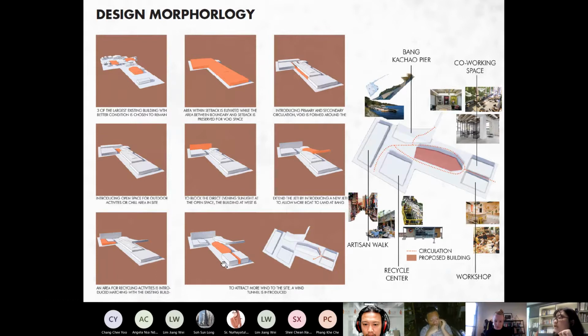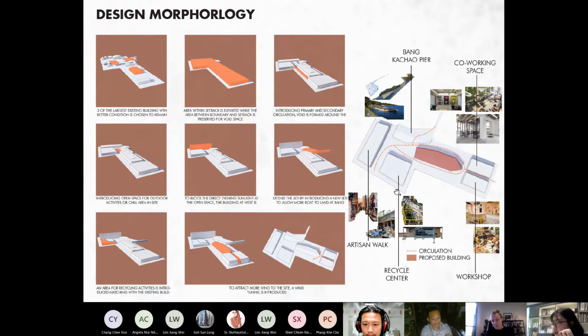Okay, so after having this kind of figure ground, I started to fix the activities within the site, where this is the Bang Kachel pier that is extended. There are two main entrances for this site: one from here and one from the pier.